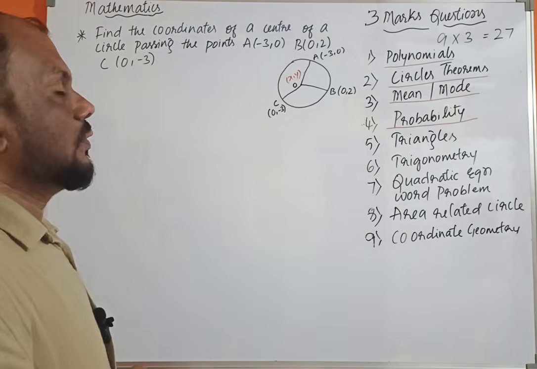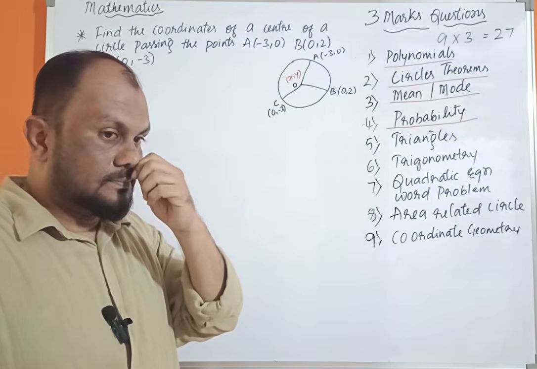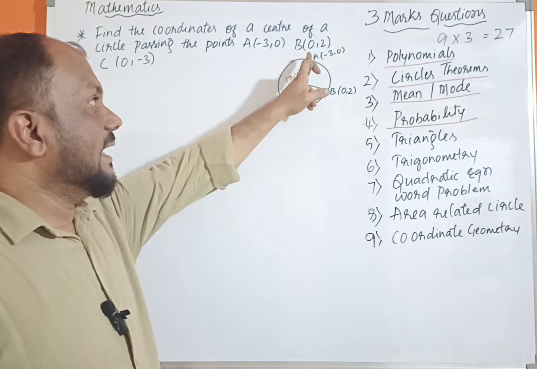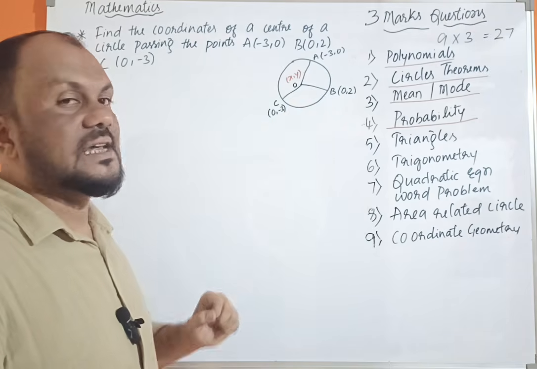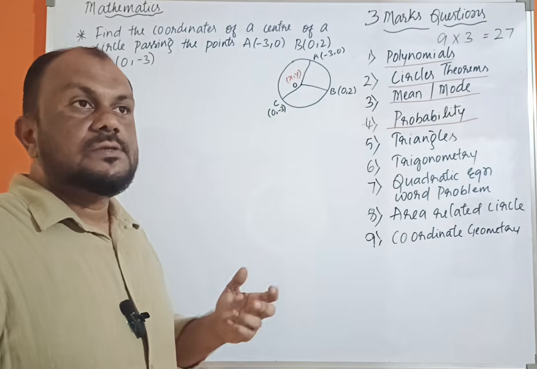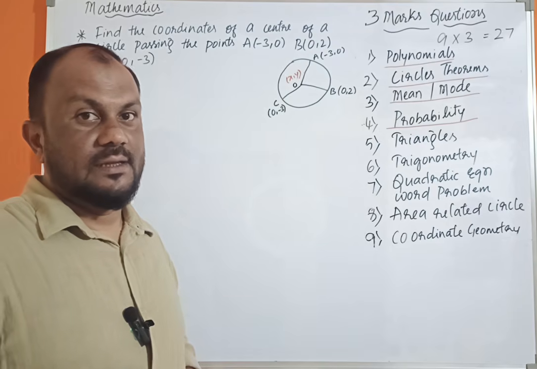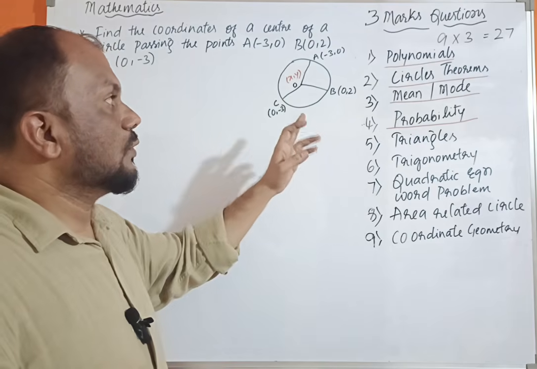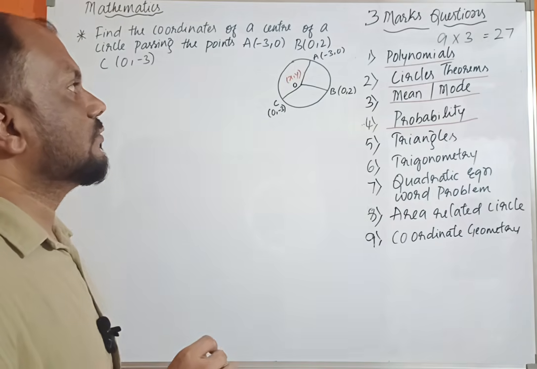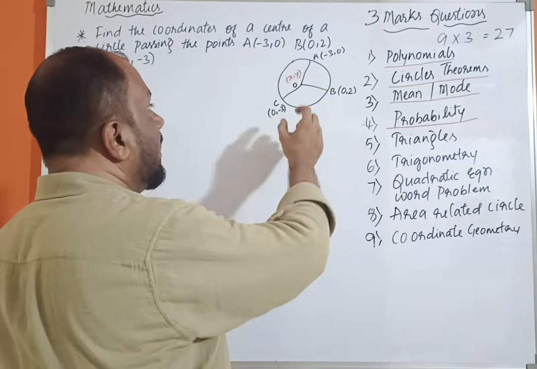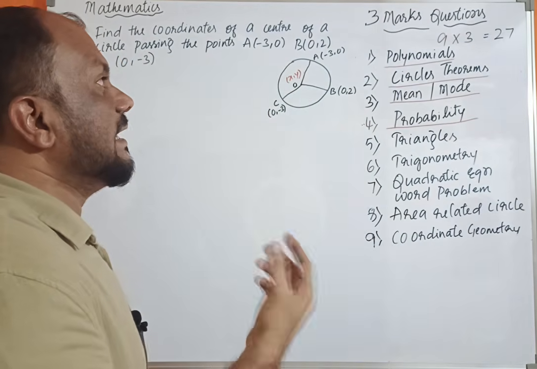How to solve? We have to recall the properties of circle. OA is radius, OB is radius, and OC is also radius. So radii of the same circle are equal in length. Okay. So OA is equal to OB and OB is equal to OC. So first you need to find out the length of OA, length of OB, length of OC, then equate them.